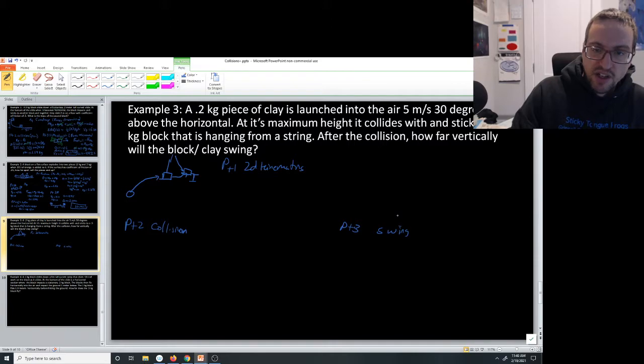And this is an object that's changing height, but not in a straight line. That means energy conservation. So let's start from the front here. So I've got V initial x and V initial y, which I can find by doing trig. This is V initial x, V initial y.